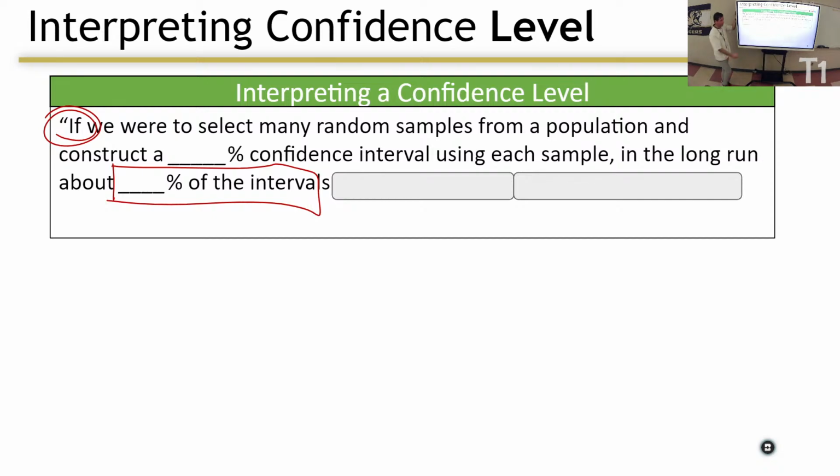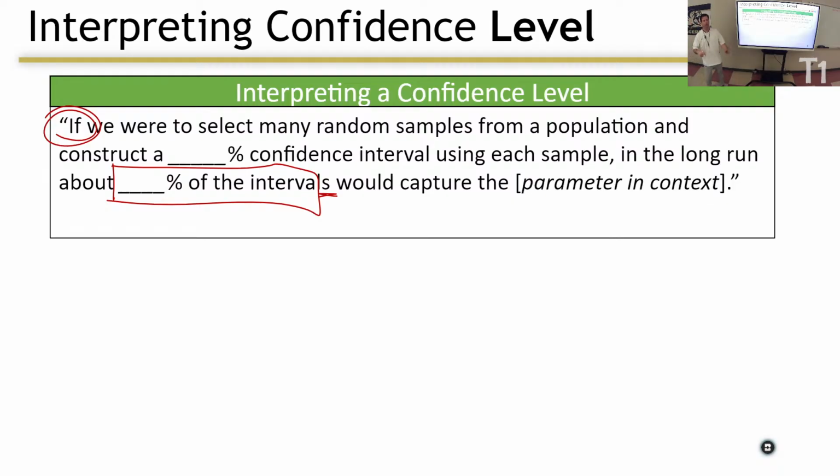And it needs to be intervals because you have a bunch of intervals. 95%, or whatever percent it is, will capture the true whatever. 95% of those will capture, or should. I'd probably say should.